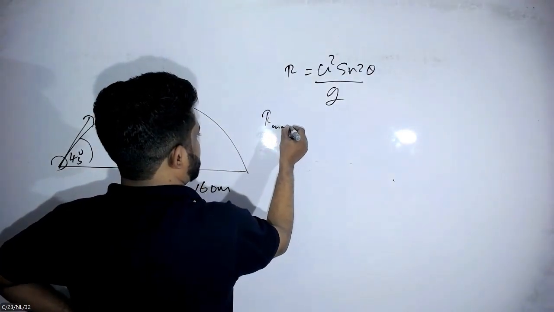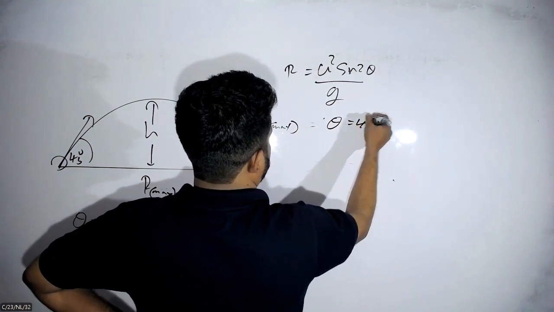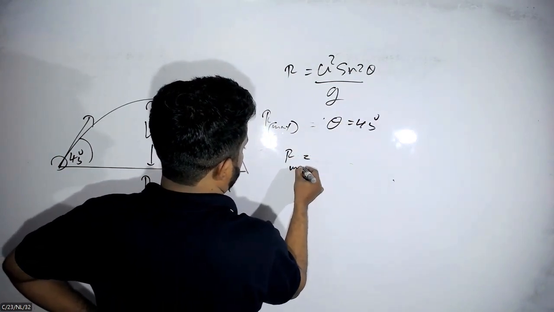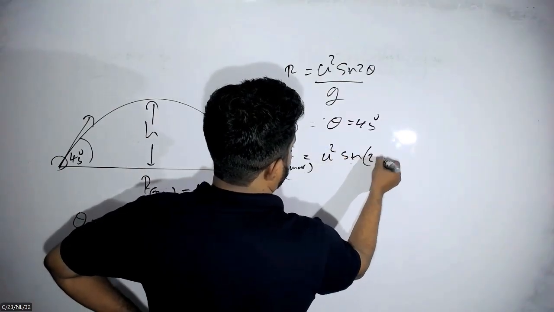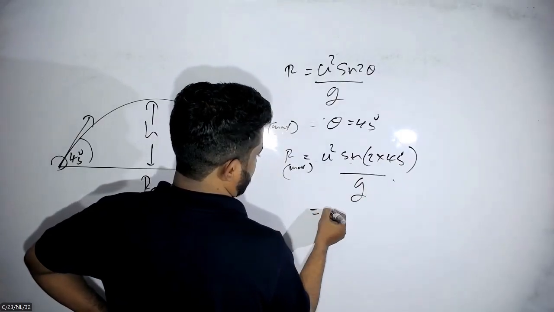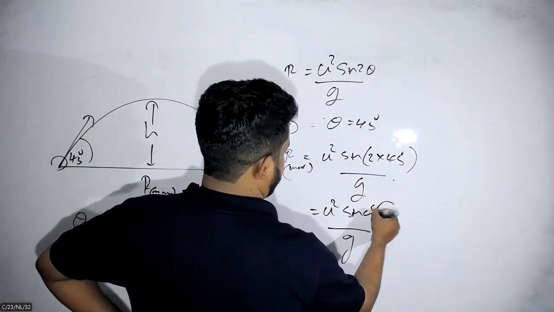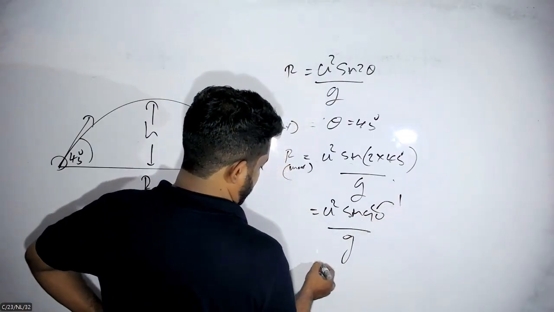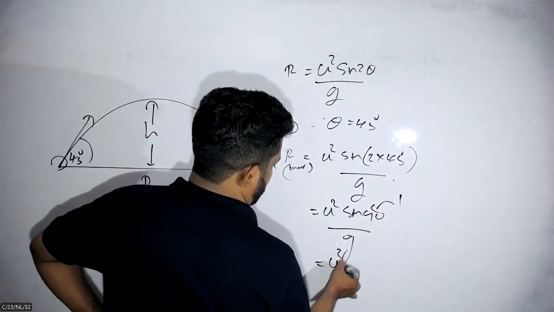At R max, theta is equal to 45 degree. R max is equal to u squared sin 2 into 45 over g. Then u squared sin 90 over g. Sin 90 is equal to 1. Then R max is equal to u squared over g.